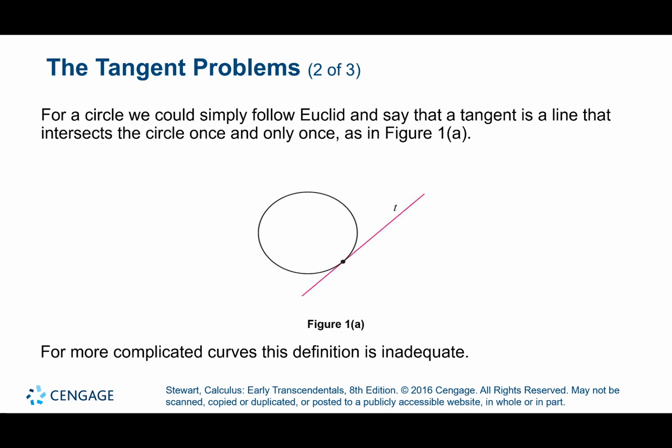Here our curve is a circle, though it doesn't have to be. This pink line touches the circle. We say that line is tangent to the circle, or that it is a tangent line to the circle. The idea with this definition is that we have a line that touches our curve only one time.